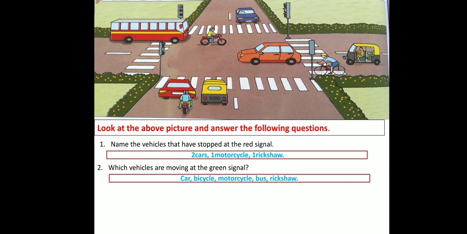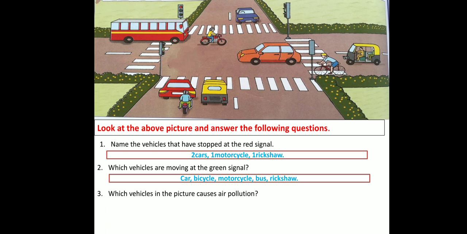The green signal tells vehicles to move. The third question asks, which vehicles in the picture causes air pollution? Air pollution means the air gets bad. It's not fit enough for breathing. So we start coughing, some of us get infection.